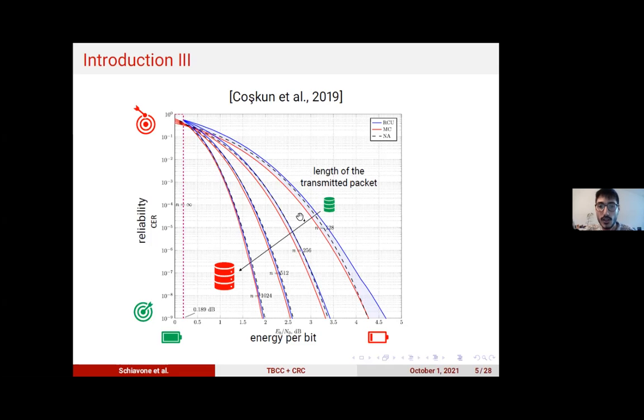Because if we have a code that has length 128 and with 64 information bits, so rate 1/2, and we are close to the blue curve, we are really happy, because it means that we have very good codes.